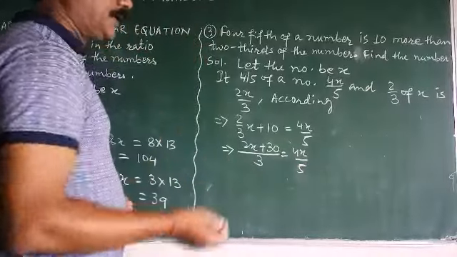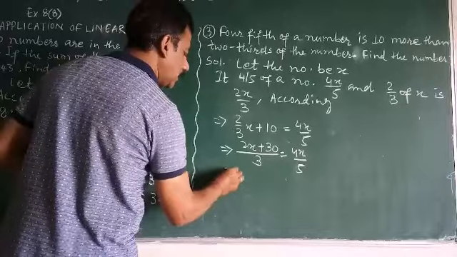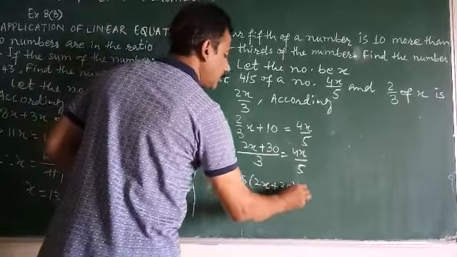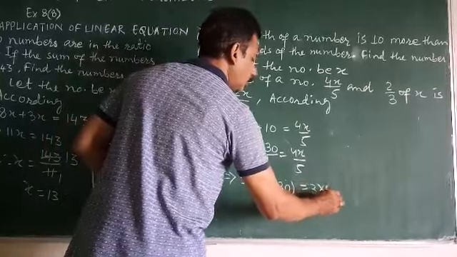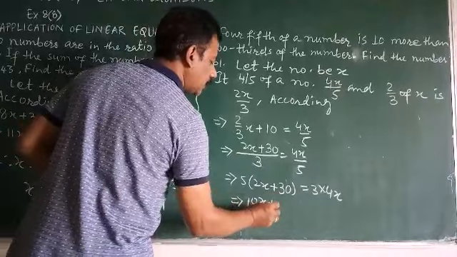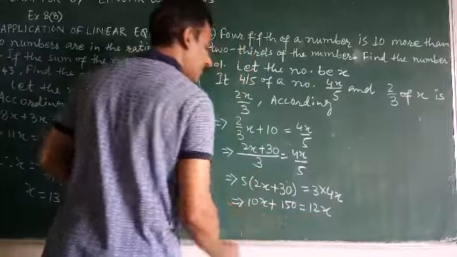Now, by transposing 3 to the right hand side and 5 to the left hand side, 5 into 2x plus 30 equals 3 into 4x, so 10x plus 150 equals 12x.